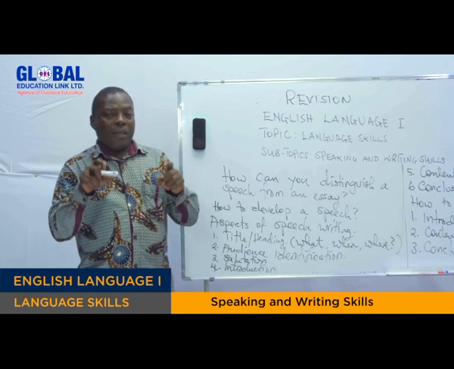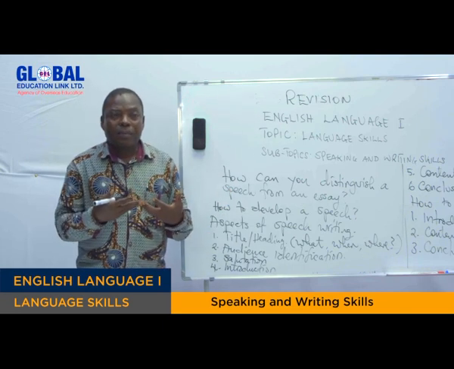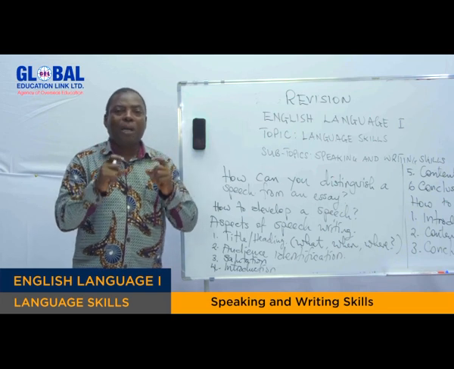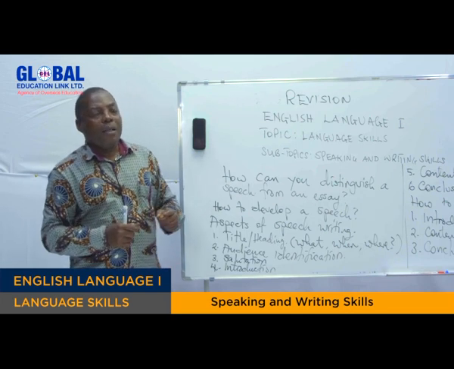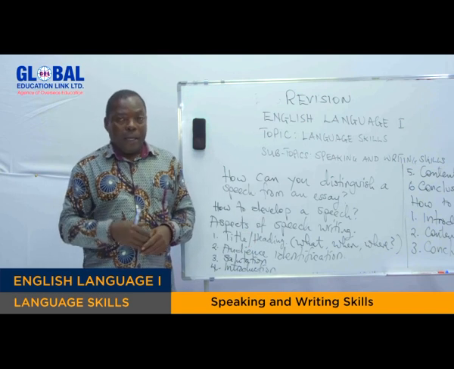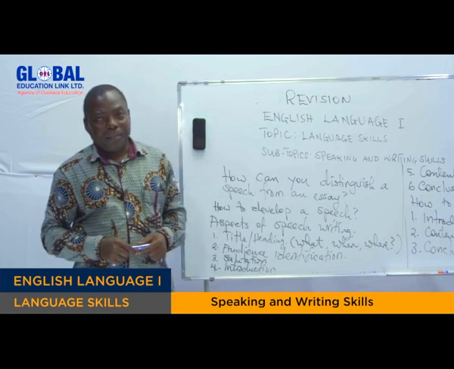So the conclusion in speech development is where we share that, when we want to make an executive summary or summarize the points that were made under the speech. We can do the same when we are writing an essay.